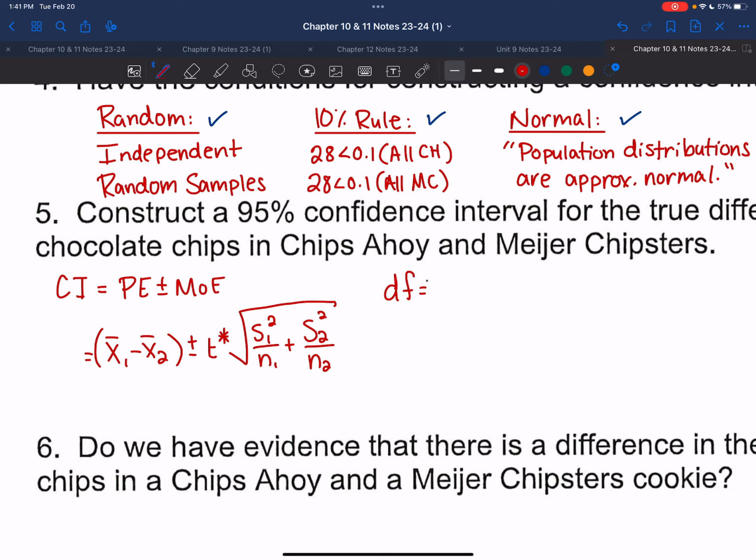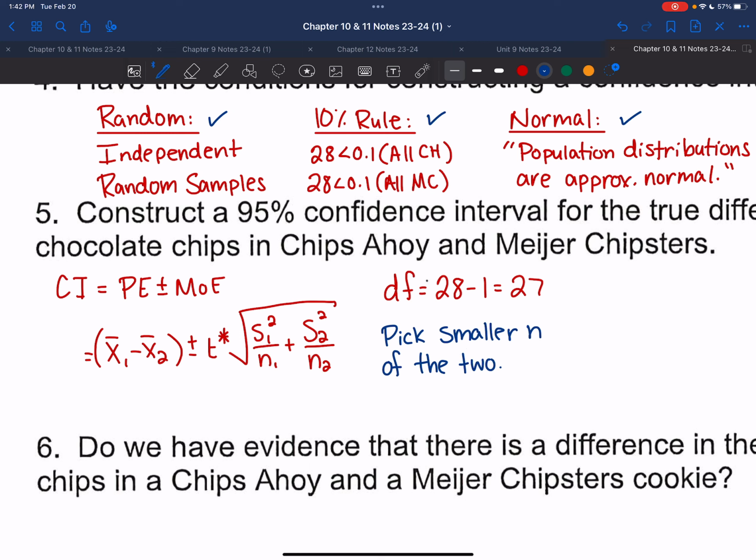Now, in this case, both groups are size 28, so it doesn't really matter. So our degrees of freedom is 28 minus 1, which is 27. But I'm just going to write a little side note. Pick smaller sample size, or smaller n, of the two.